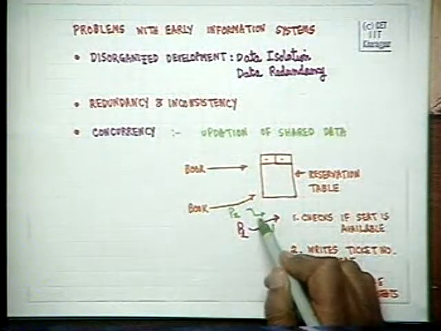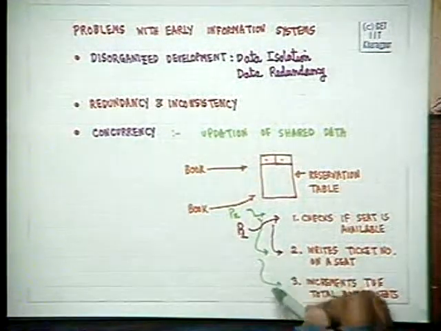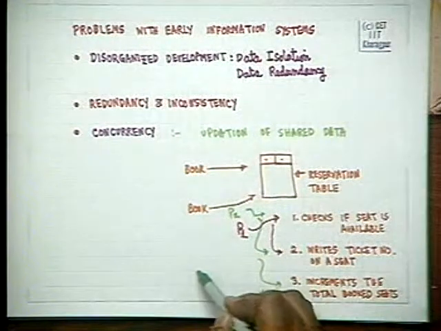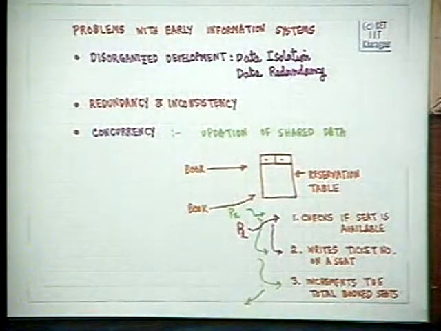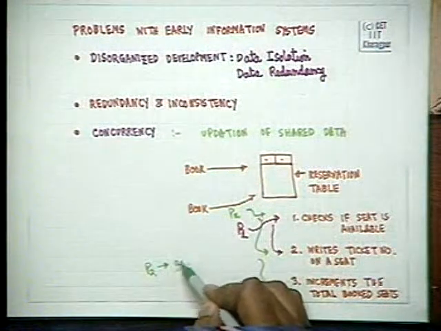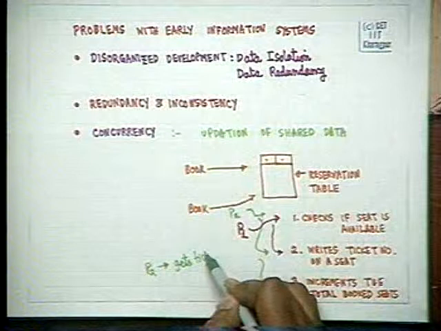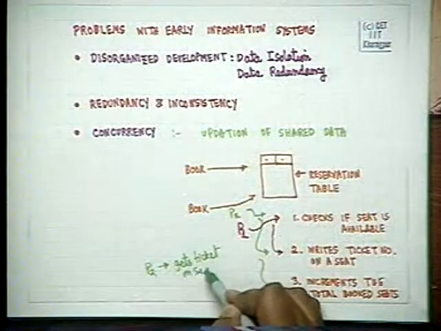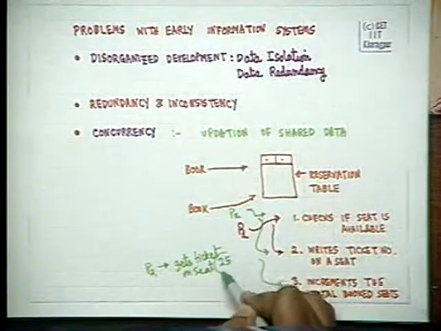So P2 does this, this, this, and takes a ticket. So P2 goes away with a ticket on seat 25, say.